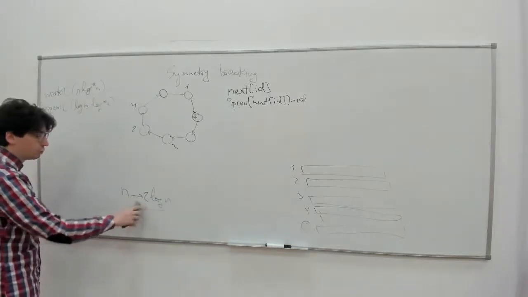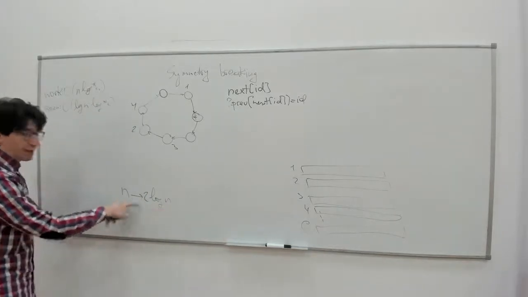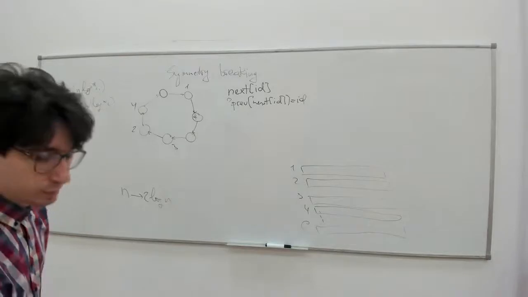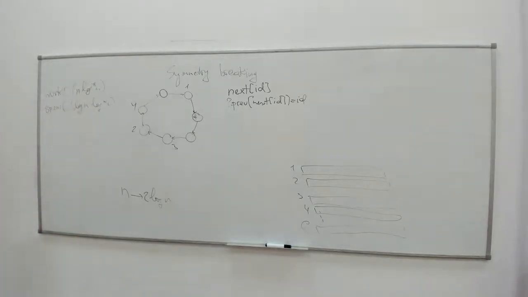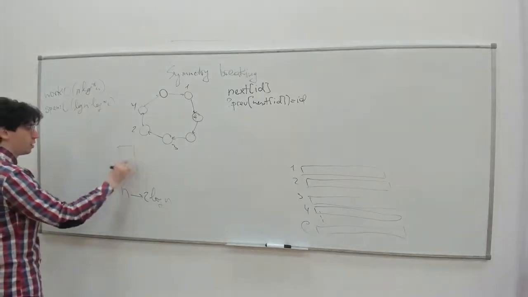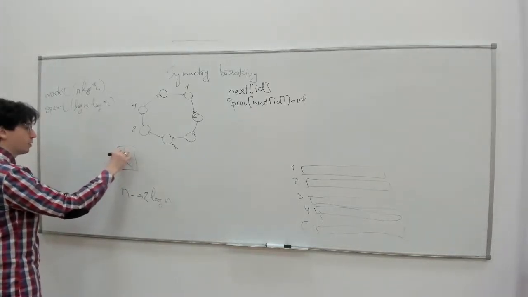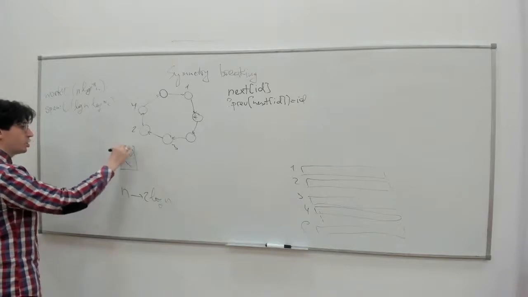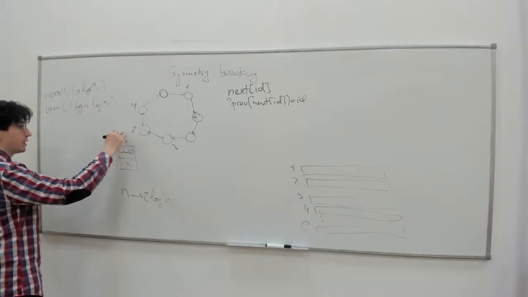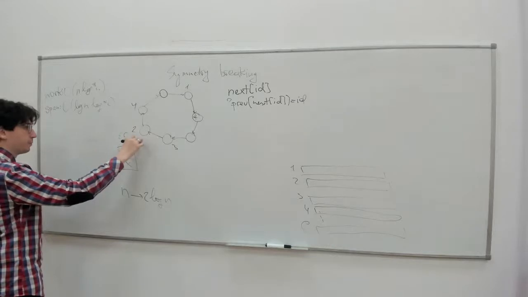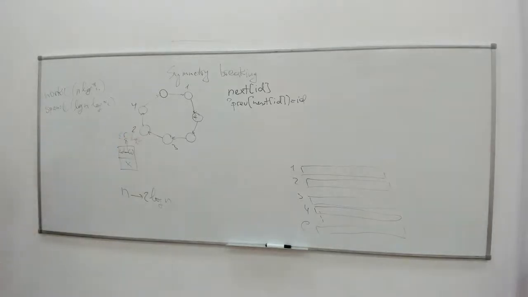So to get from n to 2 log n, we have the following. We have the pairs of x and color x, where each color x is less than 2 log n.